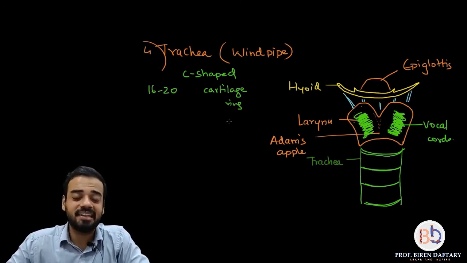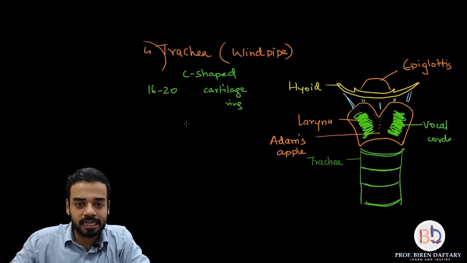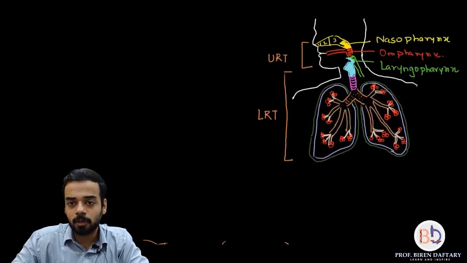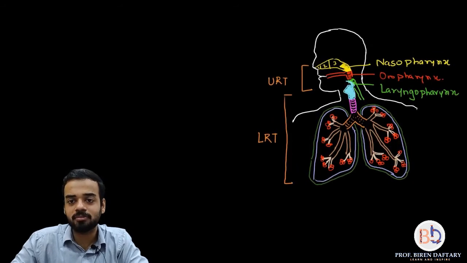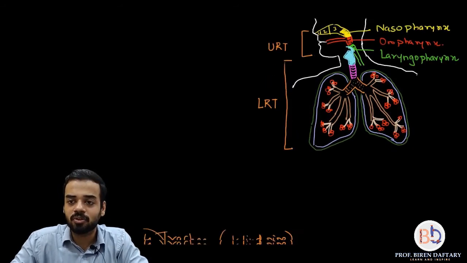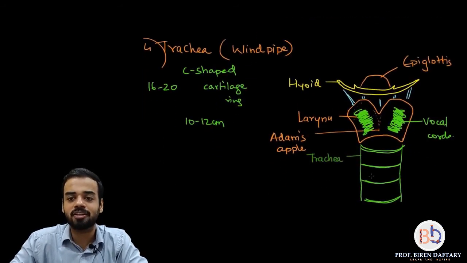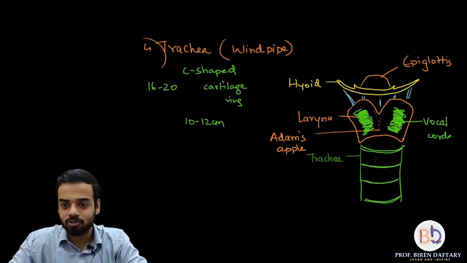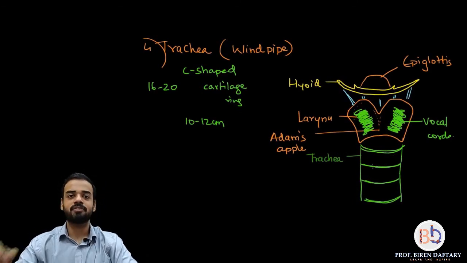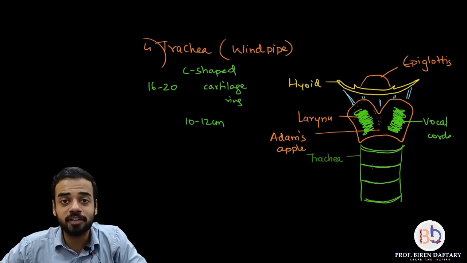Okay, and the length of the trachea is approximately 10 to 12 centimeters. So this purple part, if you see, that is approximately 10 to 12 centimeters. Here I have drawn a very, very short trachea because I have shortage of space. So such rings will be around 16 to 20. That is your trachea. That is the windpipe.